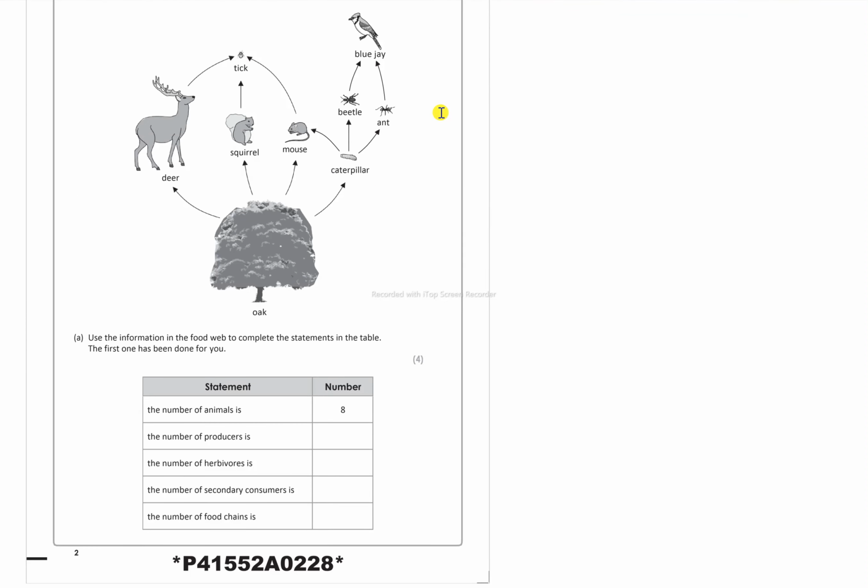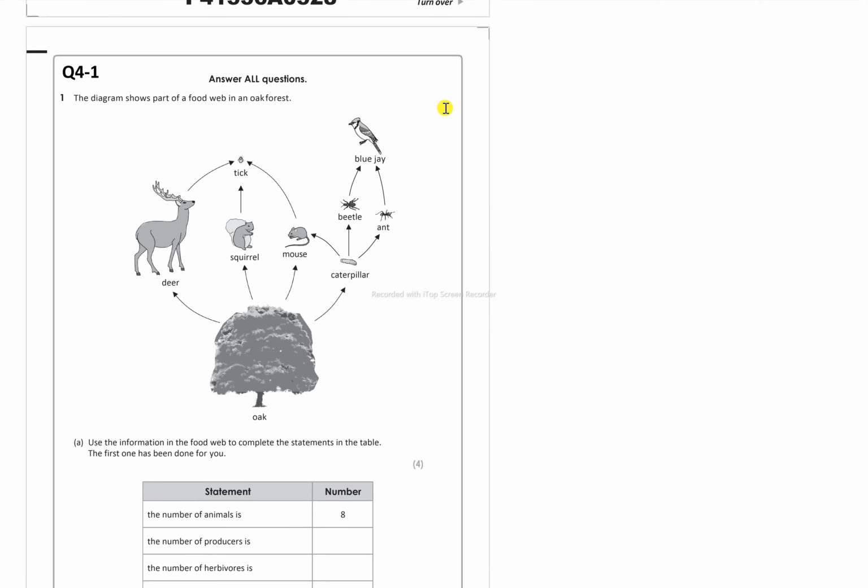Okay. Right, we've got a food web. So watch this. You've got that there, it's called the, what is that called? It's making its own food through photosynthesis.